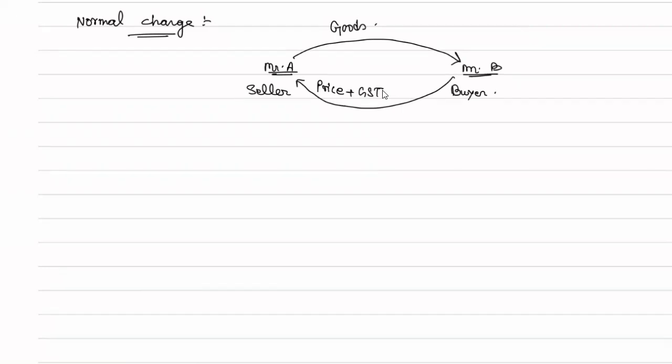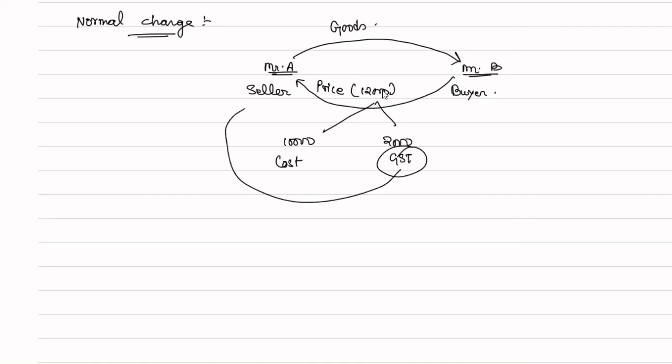Let's do it like this. He will pay the price. Suppose the price he paid was 12,000 rupees. Among this 12,000, 10,000 was the cost of the product and 2,000 was GST. And this GST has been collected by Mr. A. And what will Mr. A do?